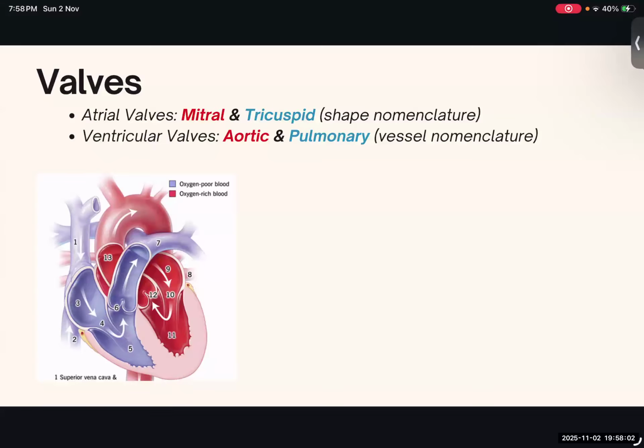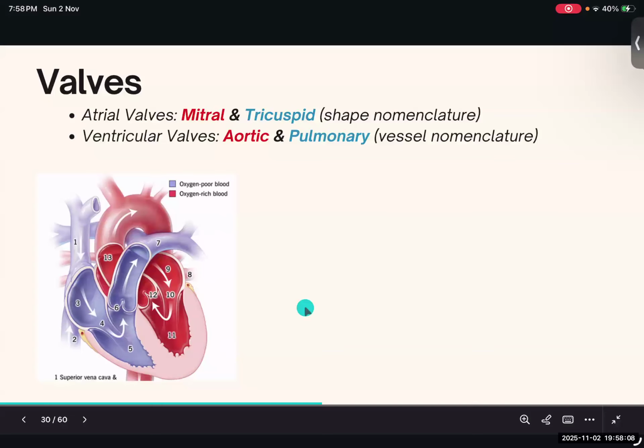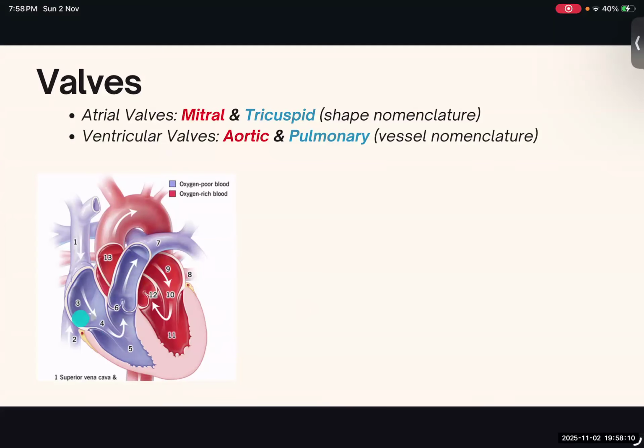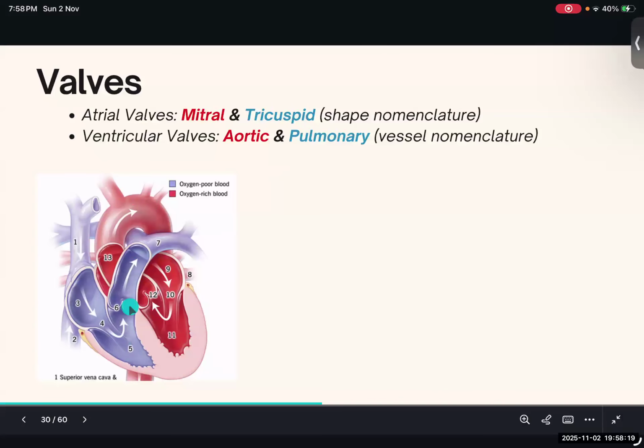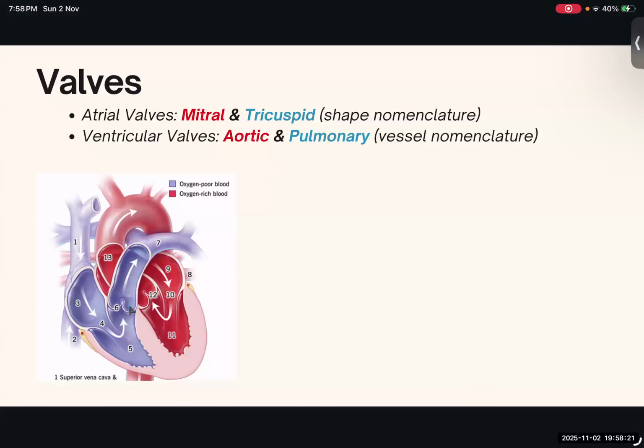So it's very important that you remember which valve is where. The atrial valves are the mitral and tricuspid. We also call them the atrioventricular valves because they're between the two. They're named by how they look. And the ventricular valves, the aortic and the pulmonary, are named on the vessels that they lead to.